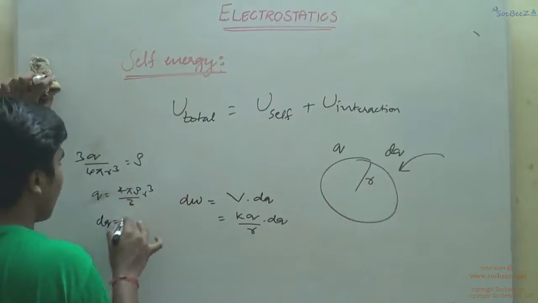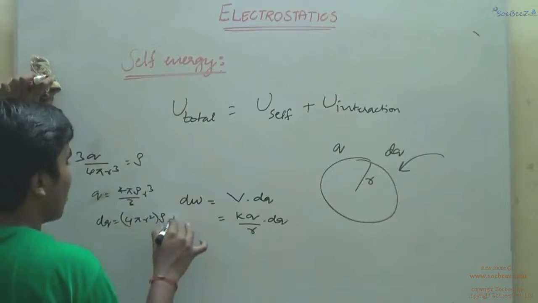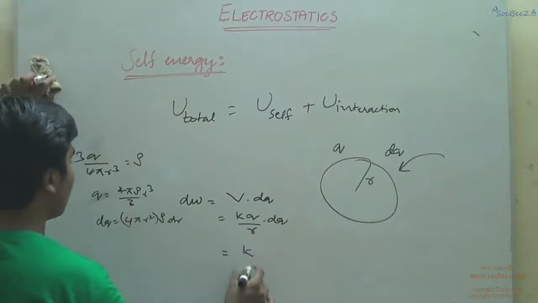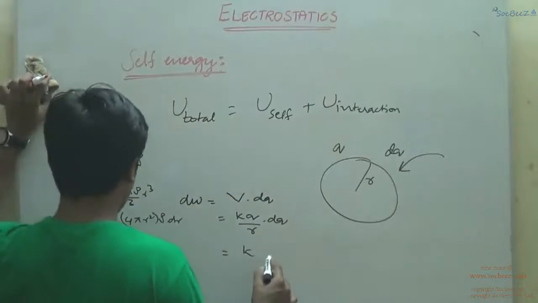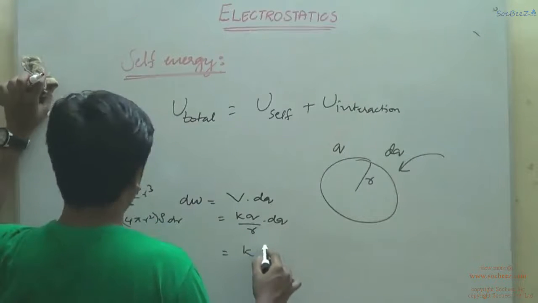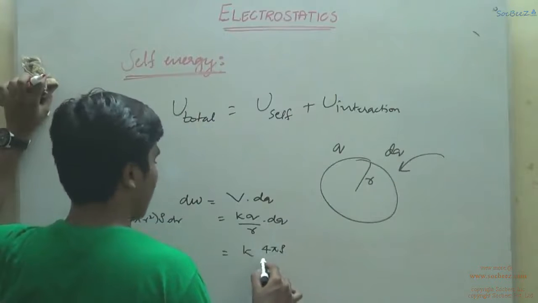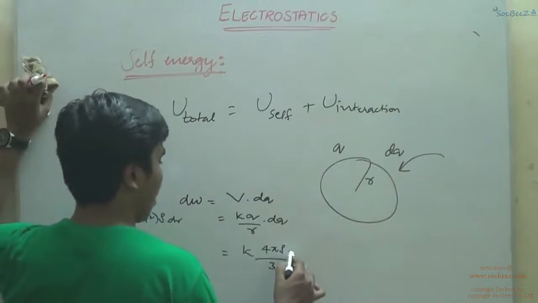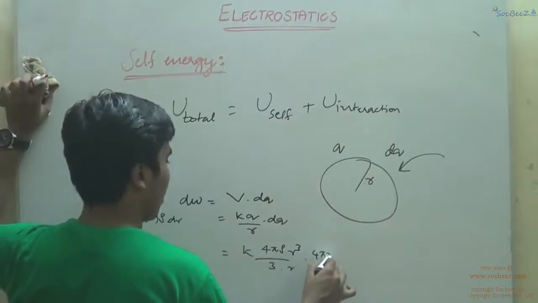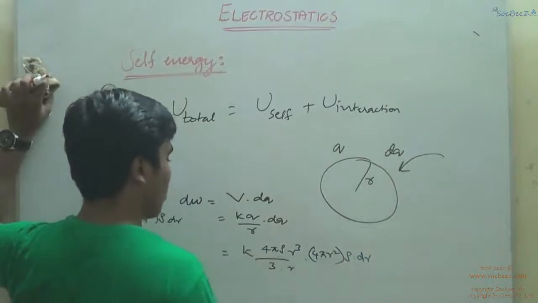Thus dq will be equal to 4 pi r square times rho times dr. So this here will be equal to k times 4 pi rho by 3 r cube by r times 4 pi r square rho dr.